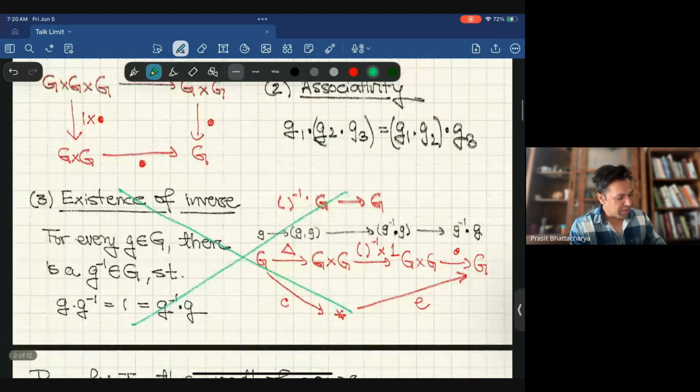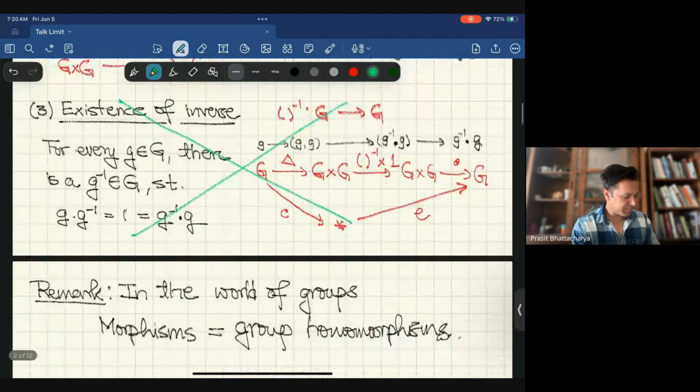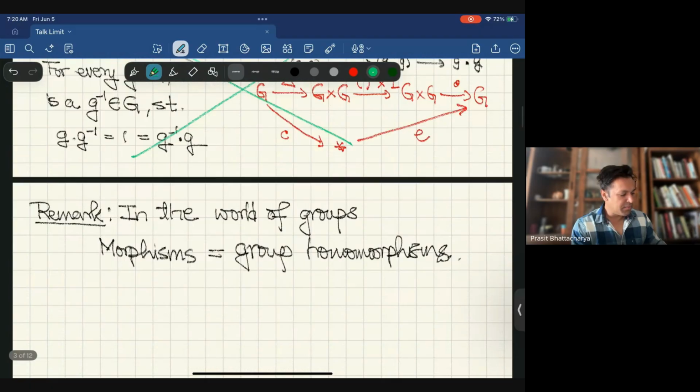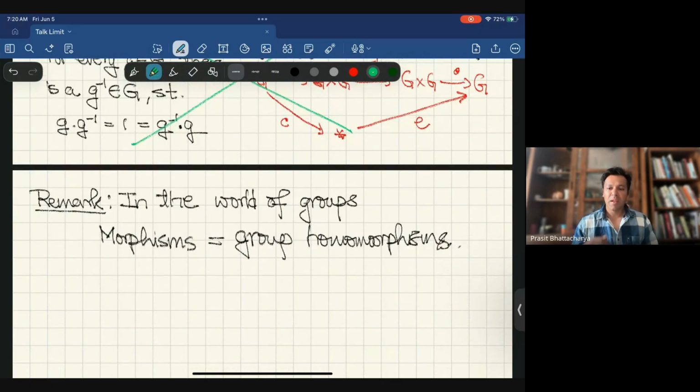Okay, so I took a very basic object, which is group, and in the world of groups, you study morphisms, or morphisms are group homomorphisms. The best way to think about this is in terms of category theory.